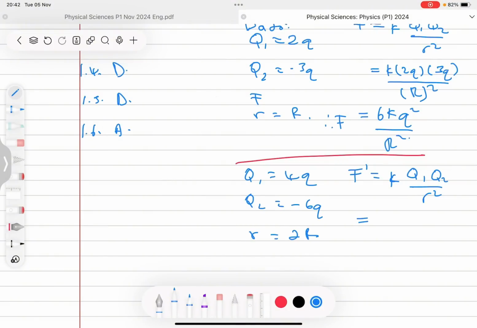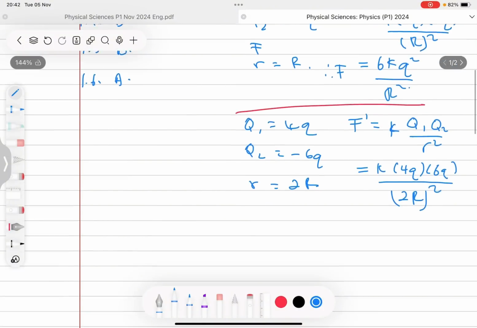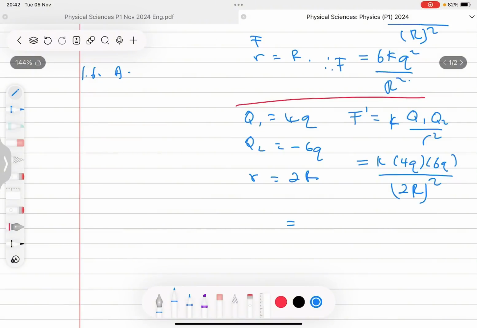This is our formula. Now I'm going to substitute what I have now. Here is K, we have 4Q, we have 6Q. Again, we don't put the negative there because we only take the magnitude. And then we're going to divide this by 2r squared. Now this will simplify: the 4 and the 6 should give me a 24.